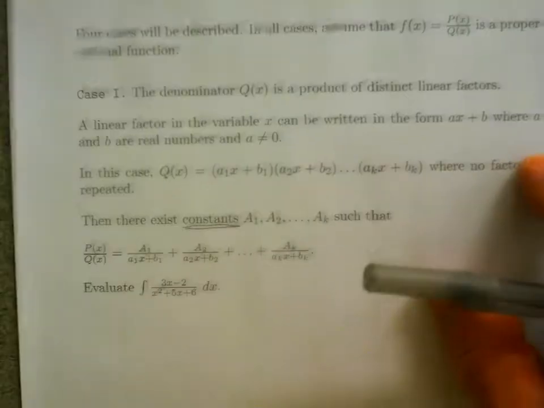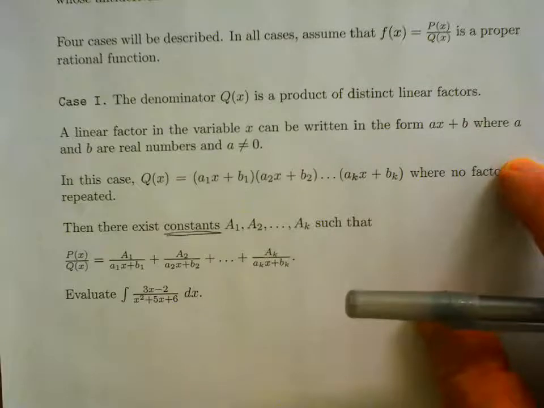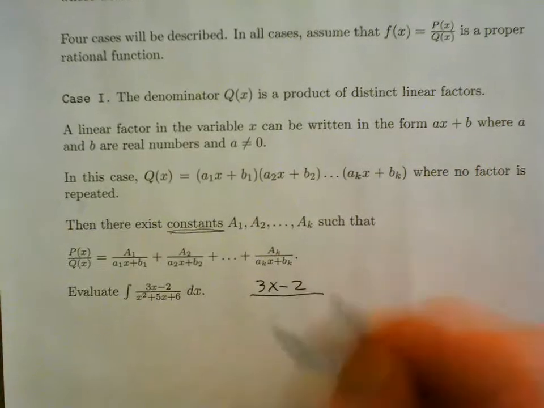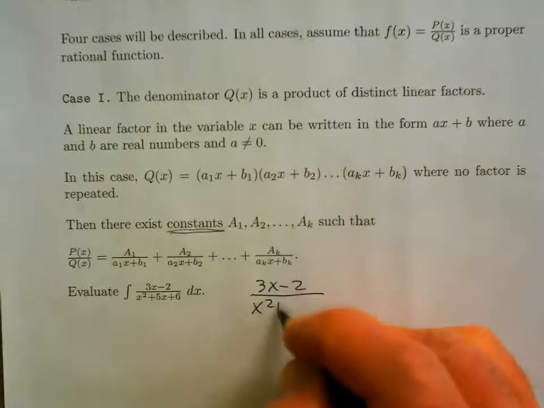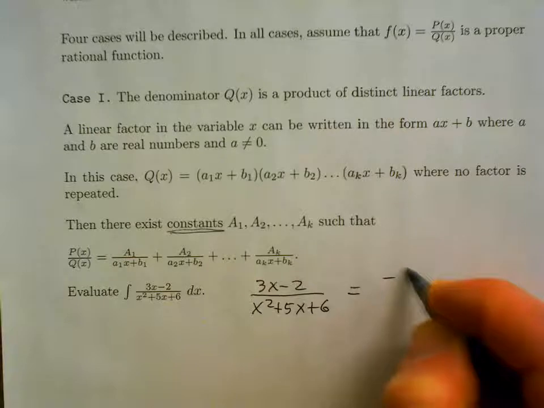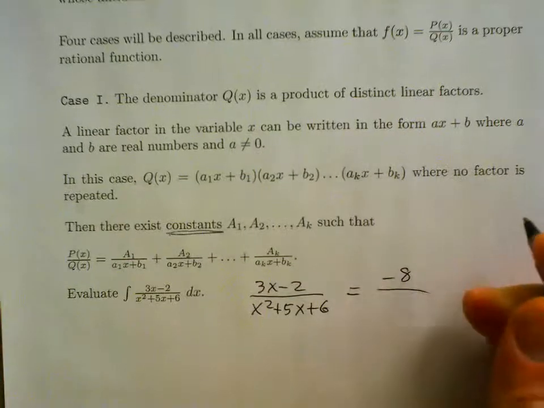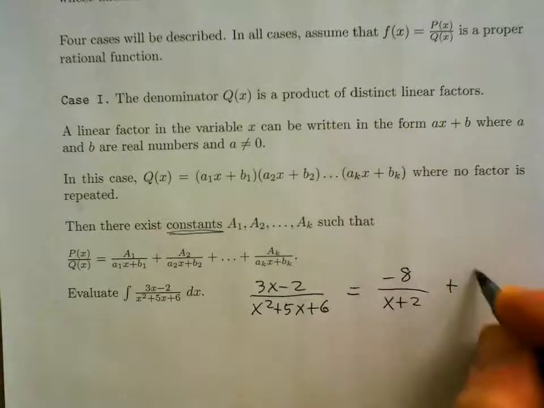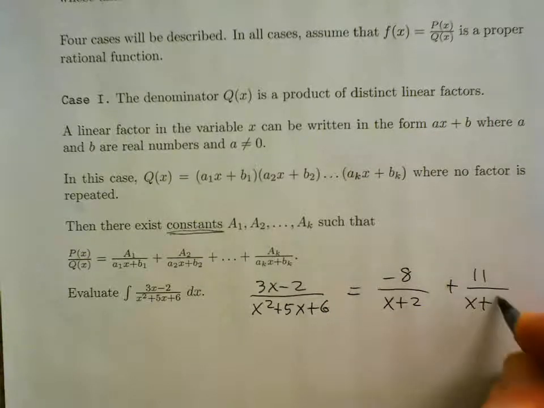So here's the original page. So we found that (3x - 2) over (x squared plus 5x plus 6) is -8 over (x plus 2) plus 11 over (x plus 3).